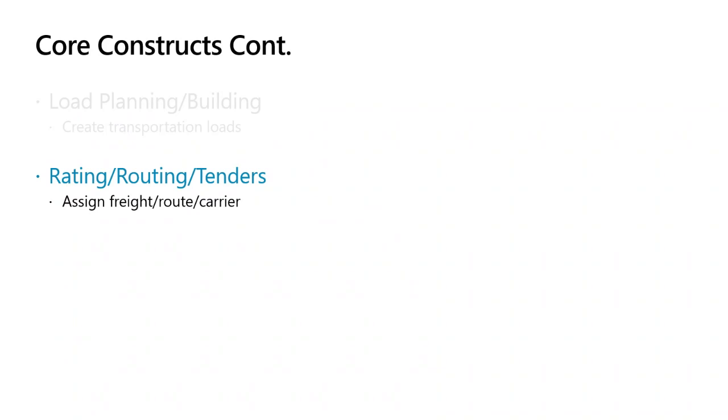With routing, you are going to retrieve and assign a route to your load, so defining what are the segments of transport and what modes of transport are defined for the entire route. And then tendering allows you to actually assign a carrier to the load.